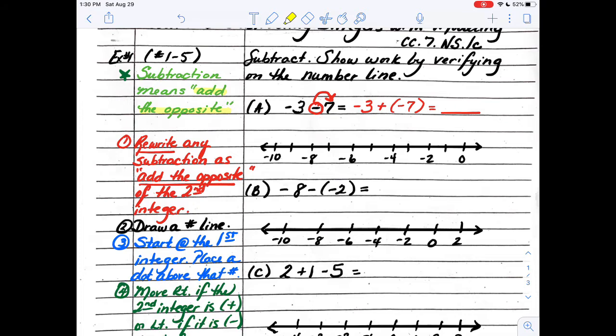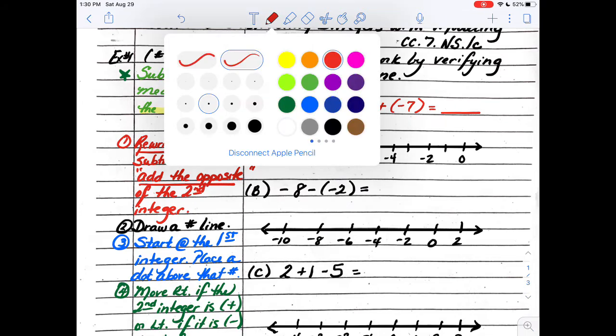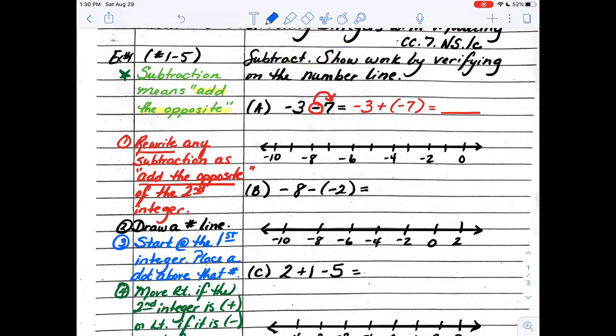Now we can go ahead and look at step 3. And that step 3 says we always start with our first integer. So our starting point again is that first integer, which is -3. So we're going to see that -3, which would be right between the -2 and the -4. And we put that dot right above the -3 to show our starting point.